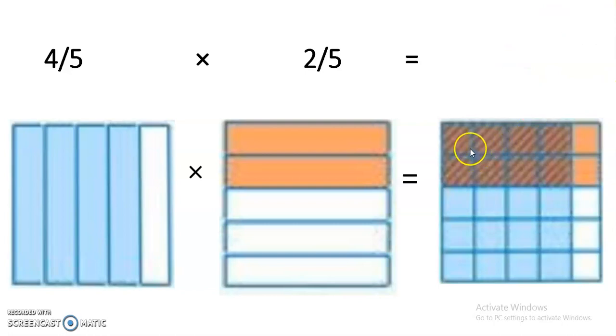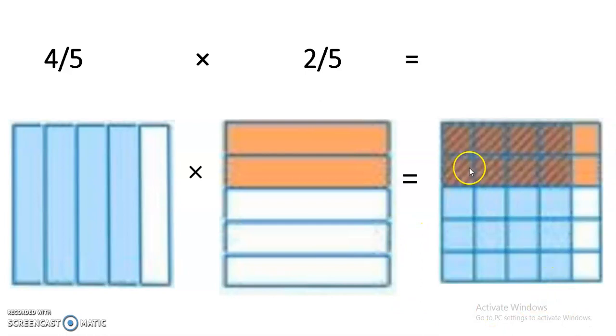You can see over here how many parts are formed vertically. We had vertical 1, 2, 3, 4 and 5 parts. And horizontally also we had 5 parts. So 5 rows and 5 columns will give me together 25. So total number of parts I see over here is 25.